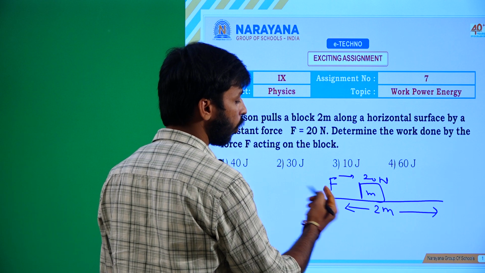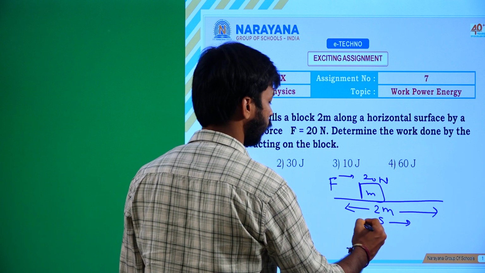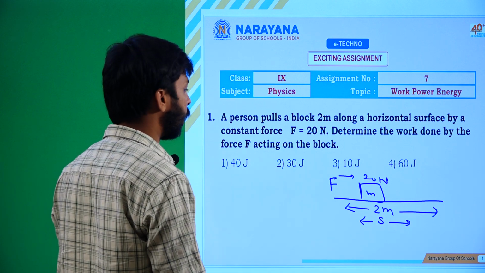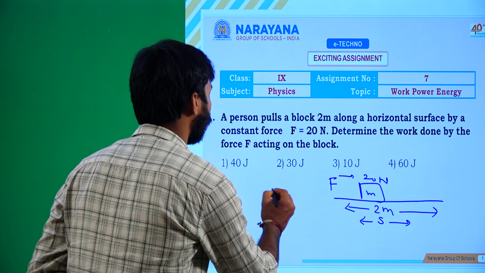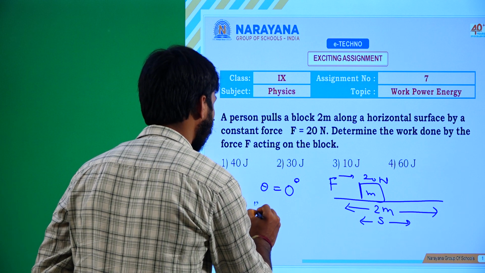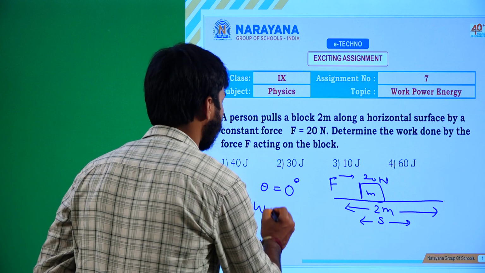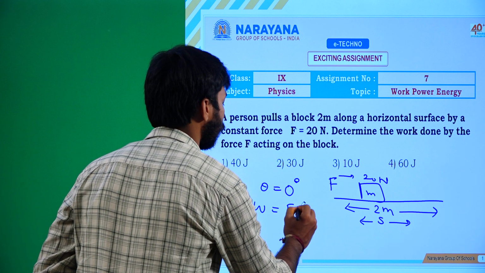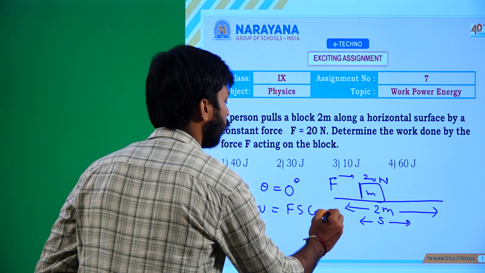In between force and displacement, we have theta equal to 0 degrees. So work done, W is equal to F S cos theta.